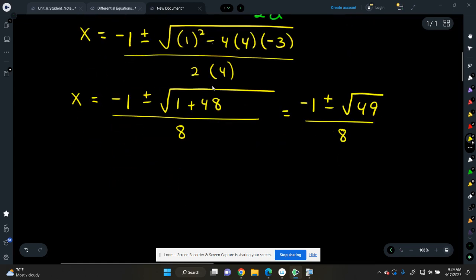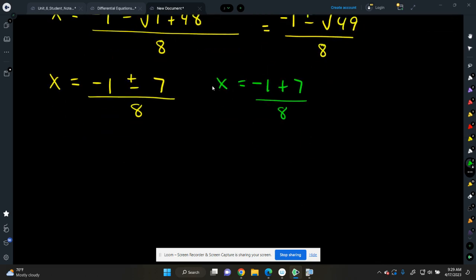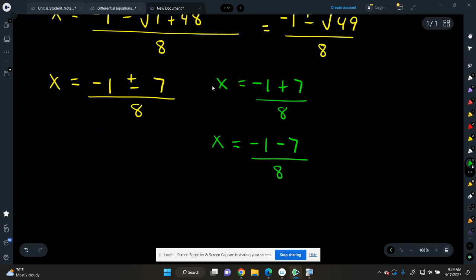What's the square root of 49? 7. There you go. Negative 1 plus or minus 7 over 8. So we have x equals negative 1 plus 7 over 8, and x equals negative 1 minus 7 over 8.